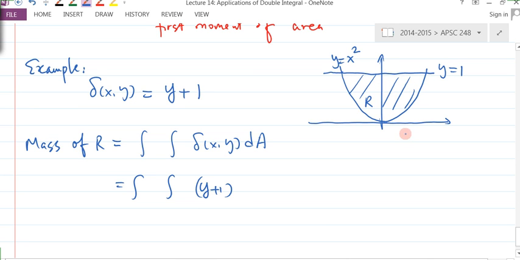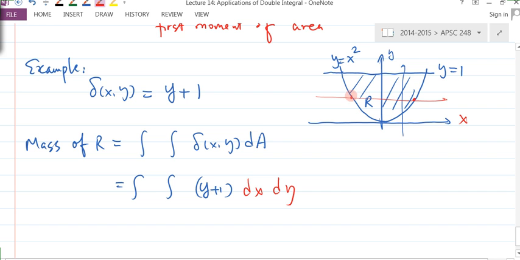I think it will be easier to integrate with respect to y first, because I just have to draw one line, minimum and maximum. Actually, it probably doesn't make much difference. If you do x first, here's the first contact, here's the second contact. You know what? Let's do this in the x direction, so dx dy. What's the x minimum here?